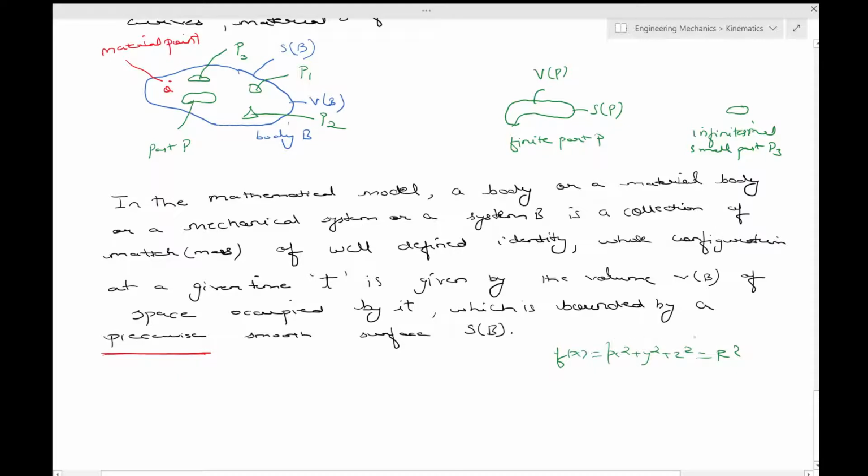Okay, so this is the surface of the sphere. So that's why I will just call it a function for now. Not f of x, essentially f of x comma y comma z. So let me just say what a smooth surface is, and then I'll tell you what a piecewise smooth surface is.